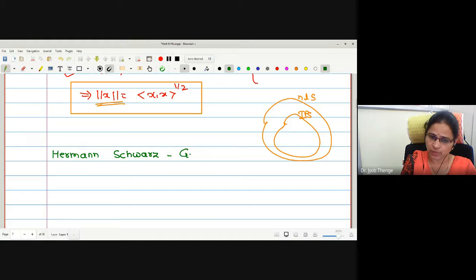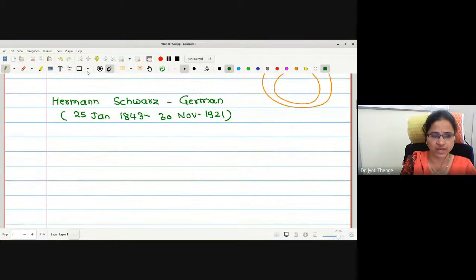He was a German mathematician, and his life tenure is 25 January 1843 to 30 November 1921. He has given one of the famous statements called the Schwarz inequality, which is essential for us for proving many of the theorems. So let us try to understand what is the inequality given by this mathematician.